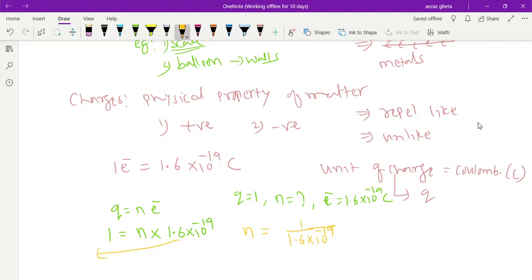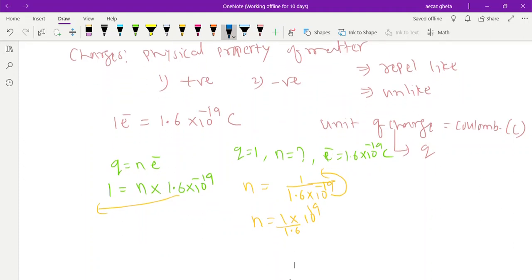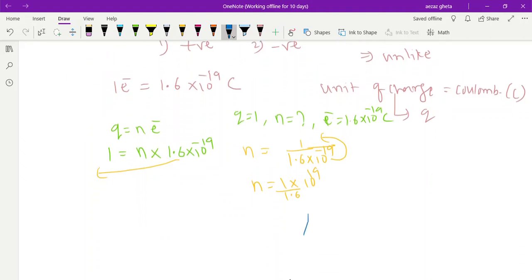If this 10 raised to minus 19 comes to the numerator, you will get 1 into 10 power 19 divided by 1.6. You can't divide with a decimal in the denominator, so you multiply by 10 both here and here. Multiplying by 10, you get 1 into 10 divided by 16, and this into 10 raised to 19 as it is.